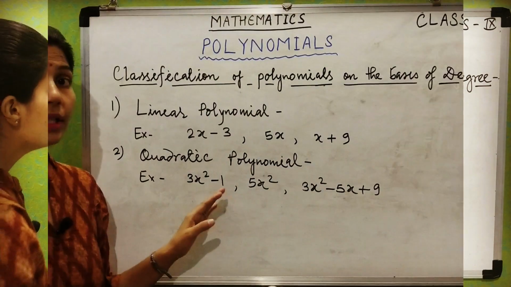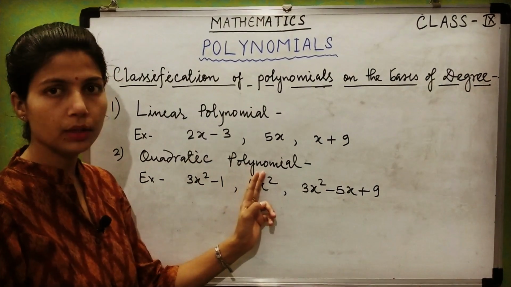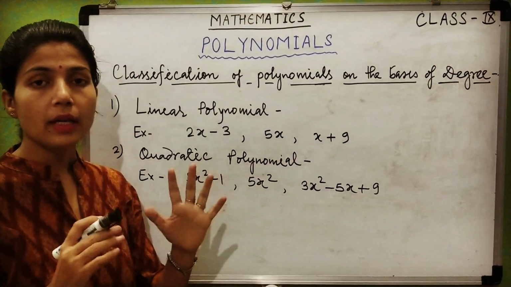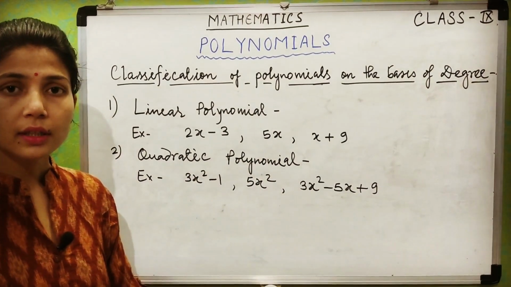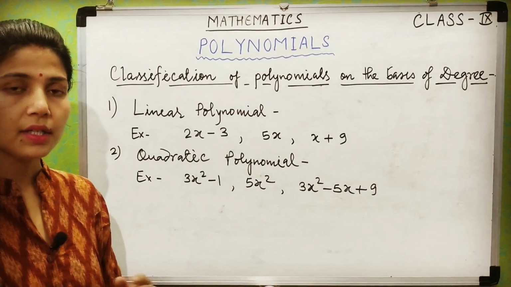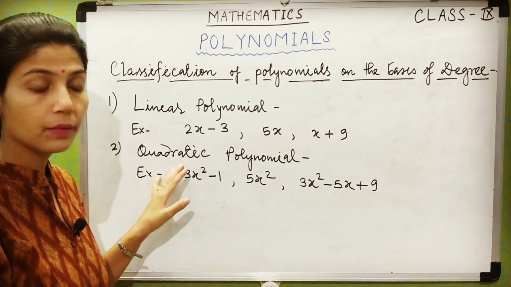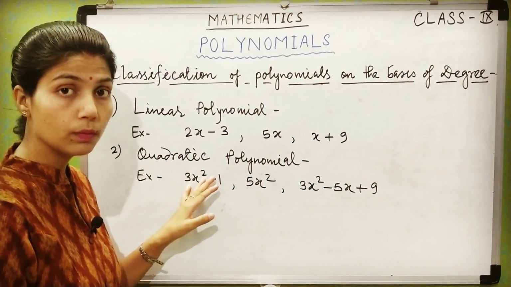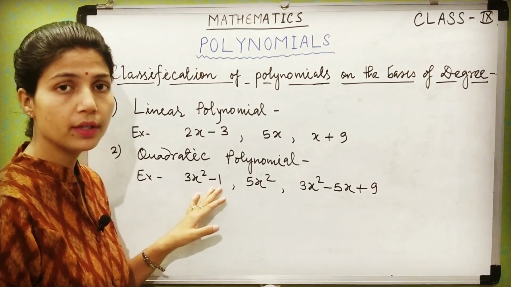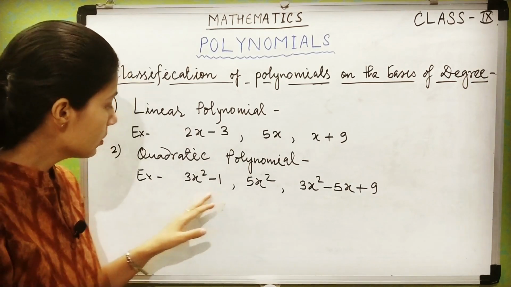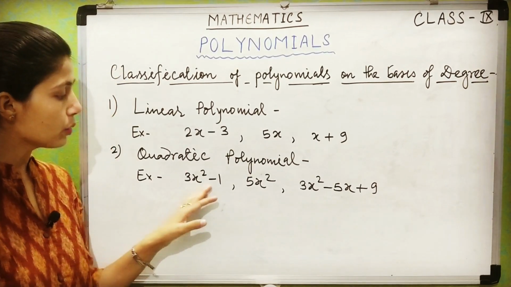Next is quadratic polynomial. If any polynomial has a degree of 2, meaning the highest power of the variable in the algebraic expression is 2, then it will be a quadratic polynomial. Look at this example: 3x square minus 1.